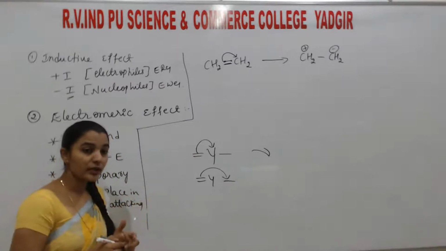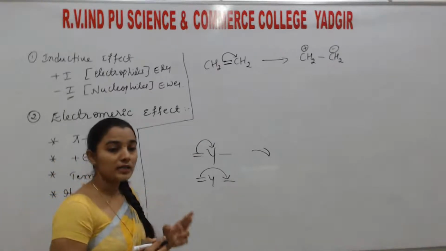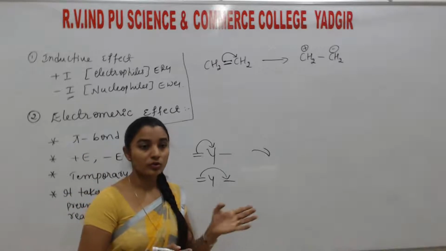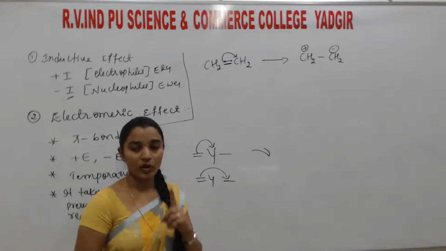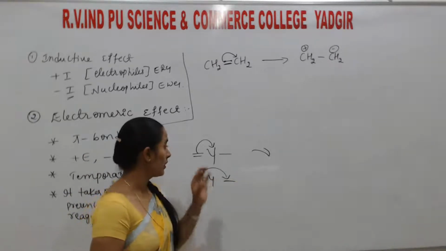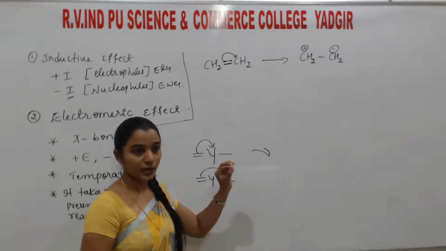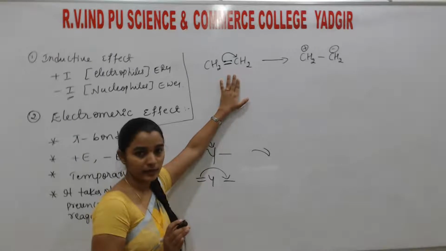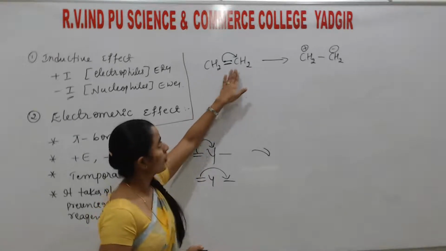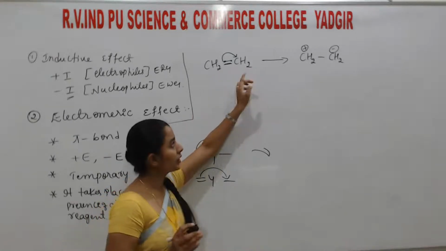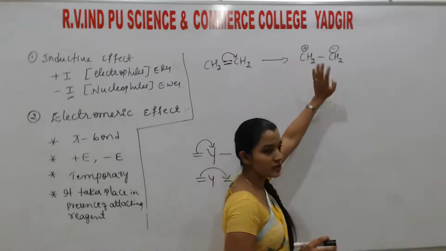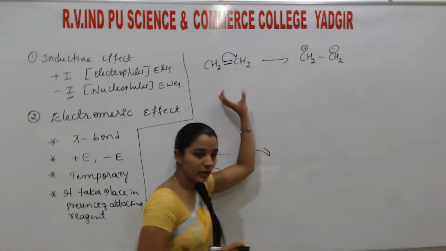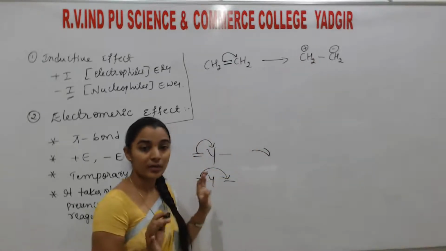The effect exhibited by the transfer of pi electrons to the adjacent atom is called the electromeric effect. Understand? So this electromeric effect alone cannot take place. It means if CH2 double bond CH2 is alone, it cannot form CH2 plus and CH2 minus, because like ethene, this is already a stable compound.